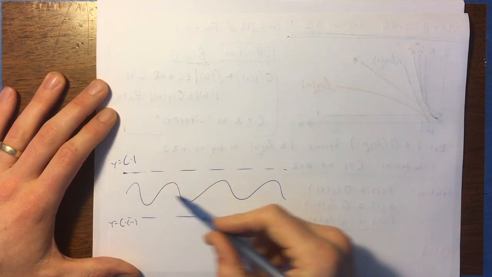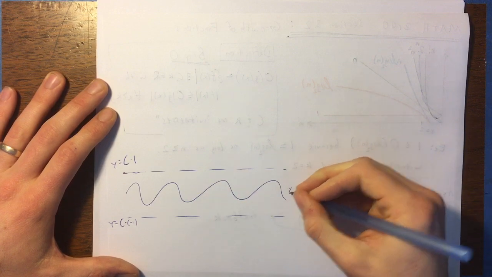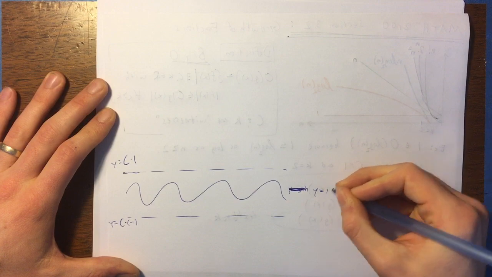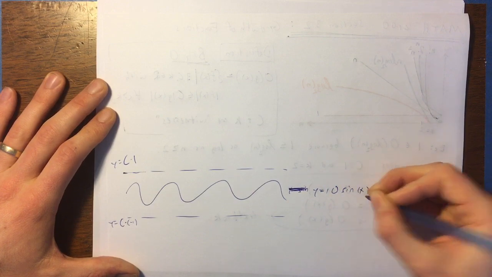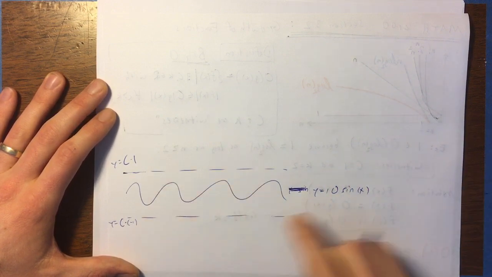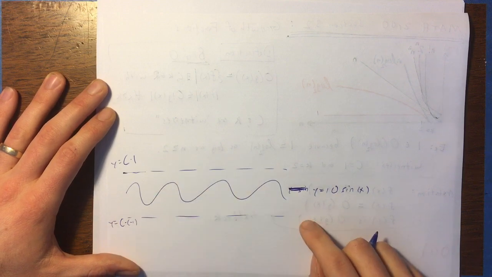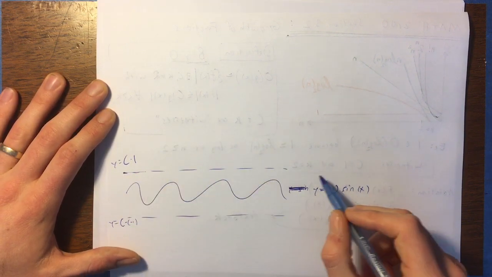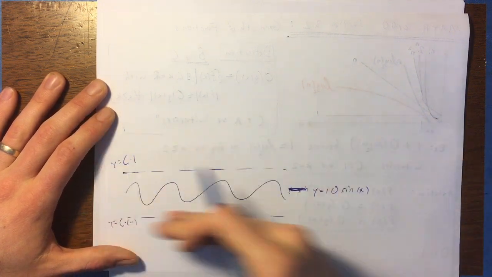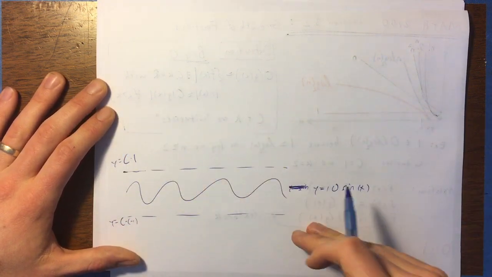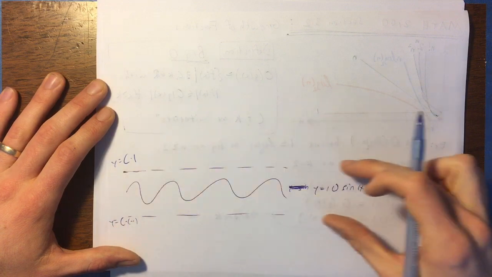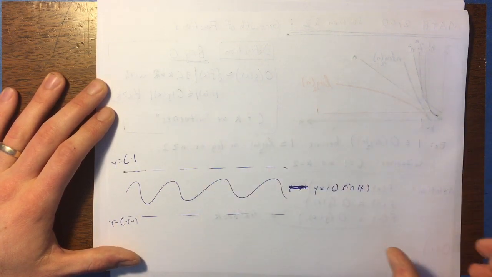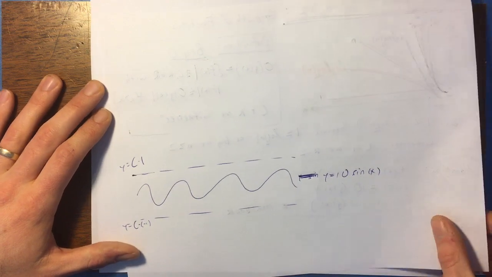You could say that the absolute value of, say, y equals 10 times sine of x, some large multiple of sine with a big amplitude, is still going to be big O of 1, because it is always going to be less than a multiple of 1. So you can put an upper bound and a lower bound on that function that are proportional to 1. Okay, so that's what it means for something to be big O.